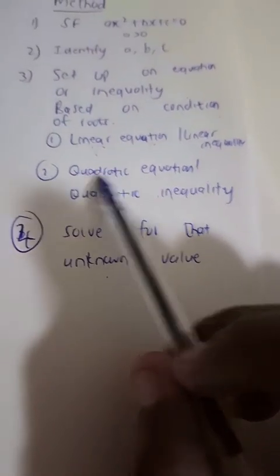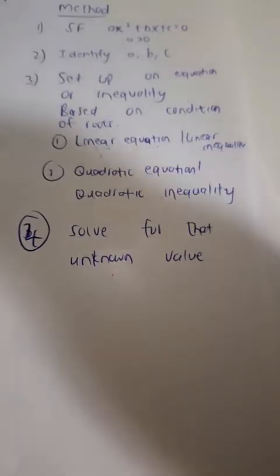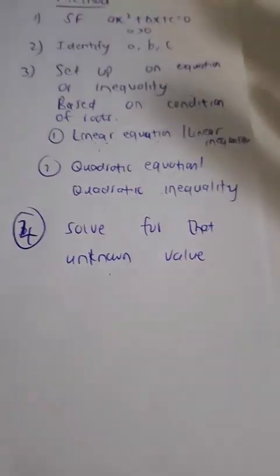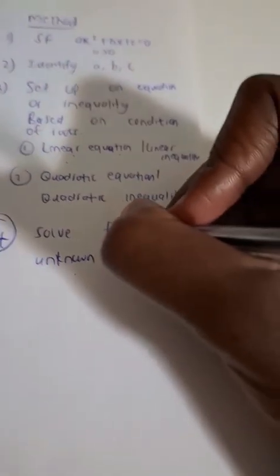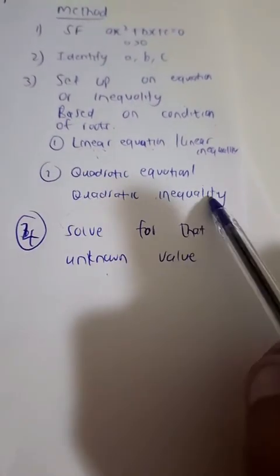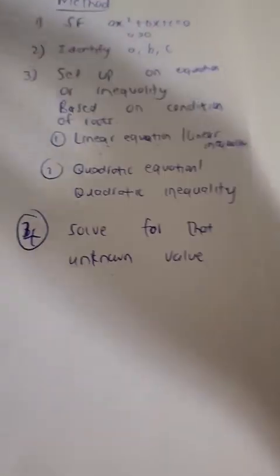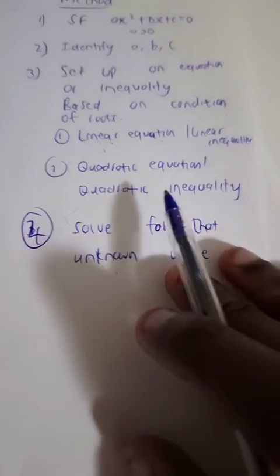If you get a quadratic equation, you solve for that unknown. If you get a quadratic inequality, you must make sure that you follow that method of solving for a quadratic inequality the way that you've been taught here in grade 11. There are steps that you follow whenever you are solving a quadratic inequality, and so forth. So you still need to use those very same steps.